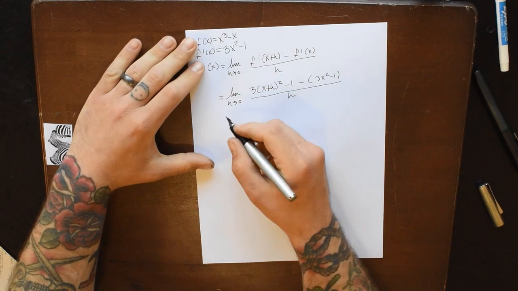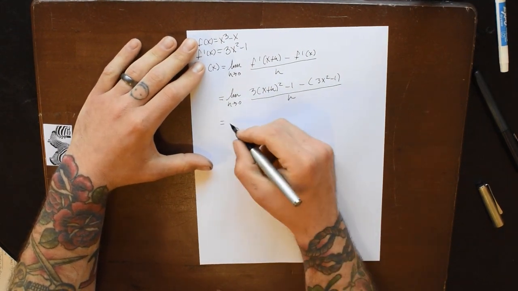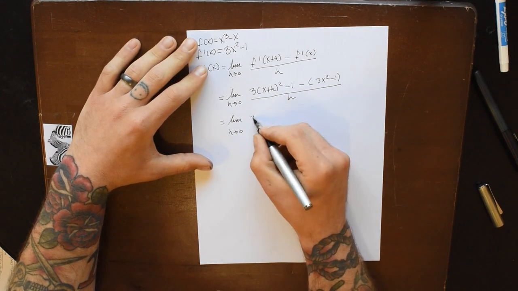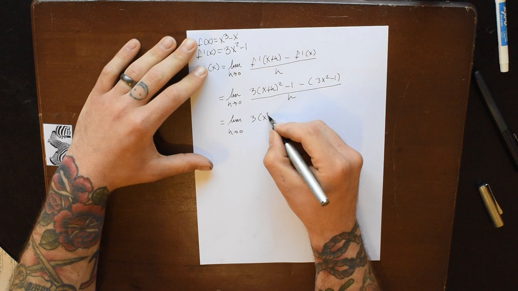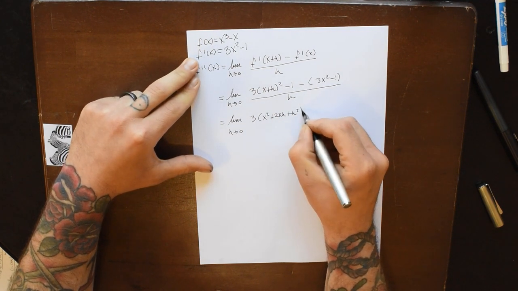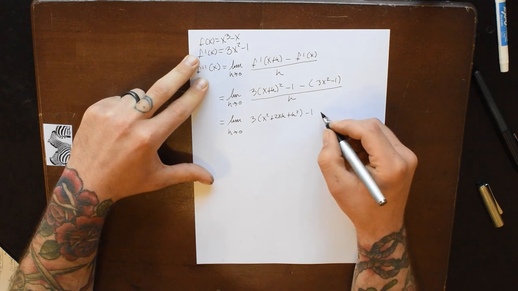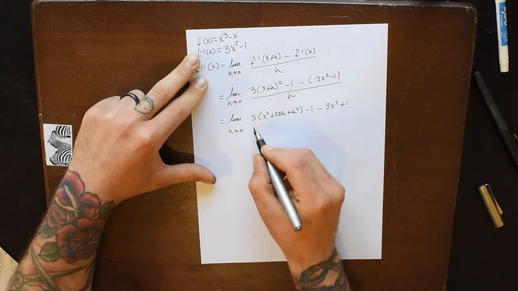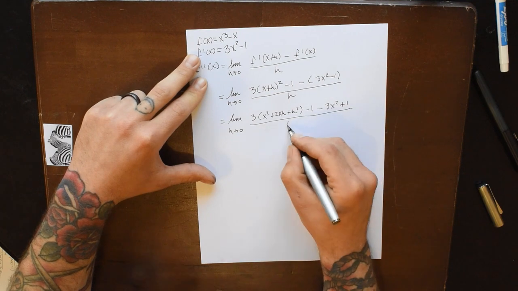So now we get the limit as h goes to 0 of 3 times, and I'm just going to call this, x squared plus 2xh plus h squared minus 1, minus 3x squared plus 1, all over h.